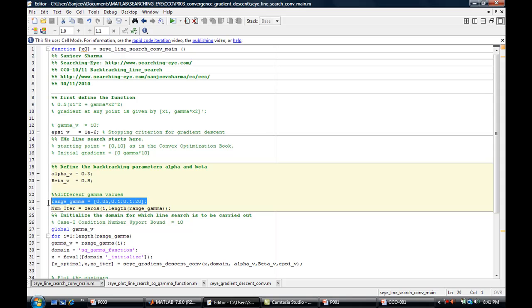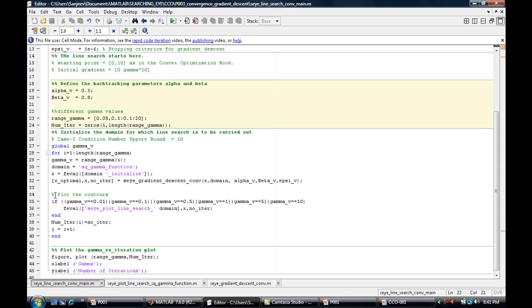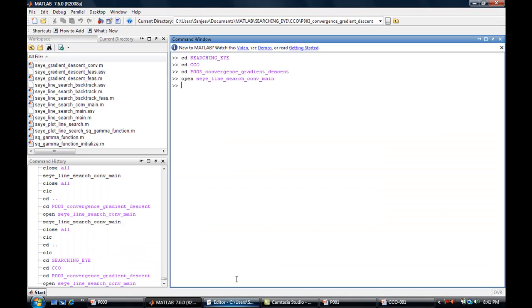And the values of gamma that we are choosing are 0.05, then 0.1, and with the difference of 0.1 we choose the values up to 20, and we are plotting for gamma equal to 0.05, for gamma equal to 0.1, for gamma equal to 0.5, 1, 5, and then 10. So let's run this.